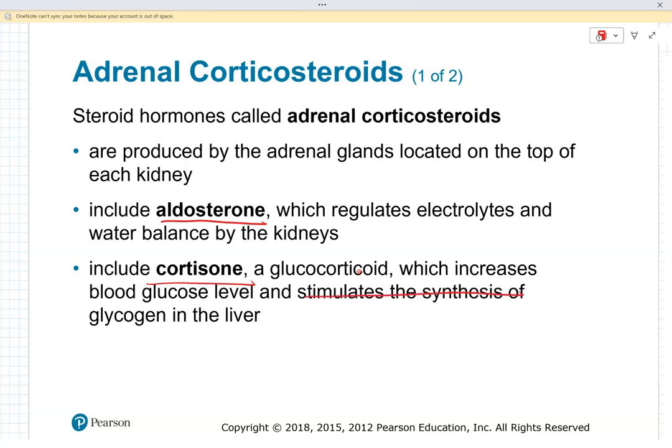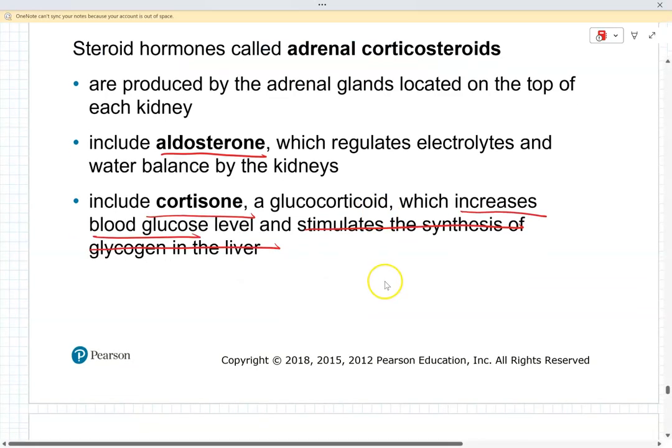So this statement is plainly wrong. You can see that those were chemists that wrote it. No, it doesn't stimulate glycogen synthesis. It actually breaks down glycogen in the liver. Cortisol indeed increases blood glucose. That is true. Okay?